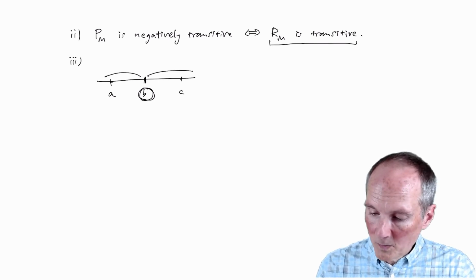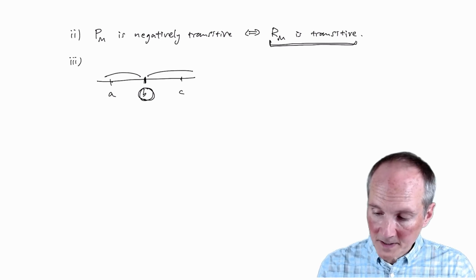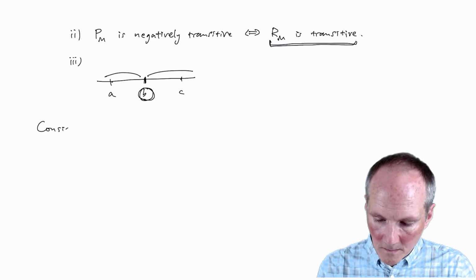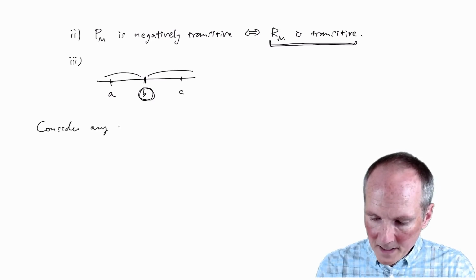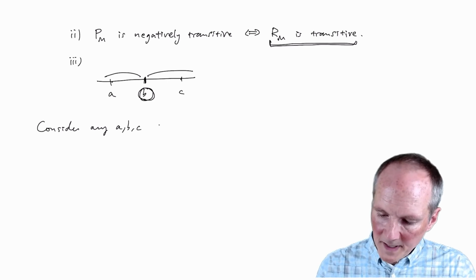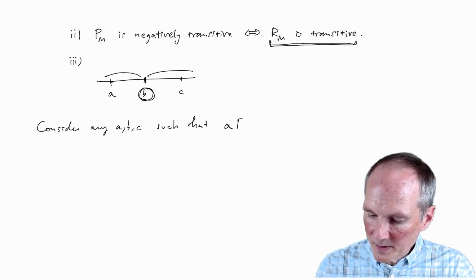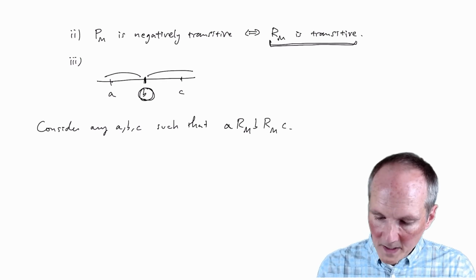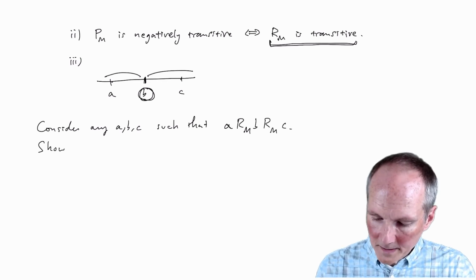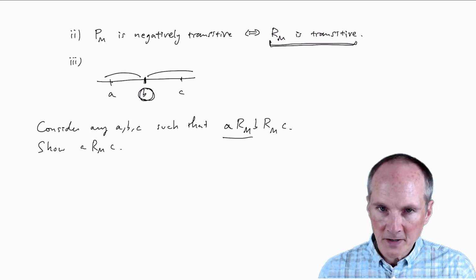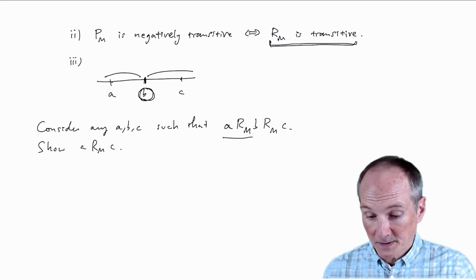All right. So we just have to prove that the weak majority preference relation is transitive. So let's consider any alternatives, A, B, and C, such that A is weakly majority preferred to B, and B is weakly majority preferred to C. And then we need to show that A is weakly majority preferred to C. Now, the way I'll prove this is a proof by contradiction, or it's really just a process of elimination.